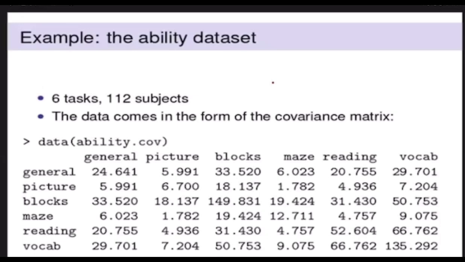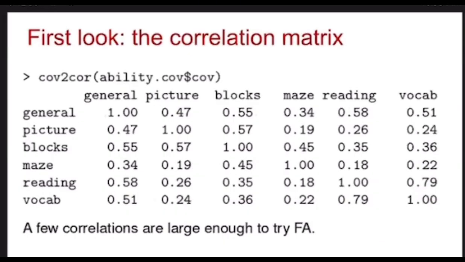Now take a look at this. We have a dataset, and from the dataset we have 6 tests: general, picture, block, maze. Those are the 6 tests, collected across 112 subjects. And I got a covariance. What you are seeing here is a covariance, and I generated the correlation. Look at that. This is a correlation.